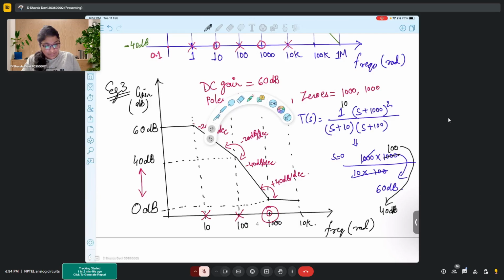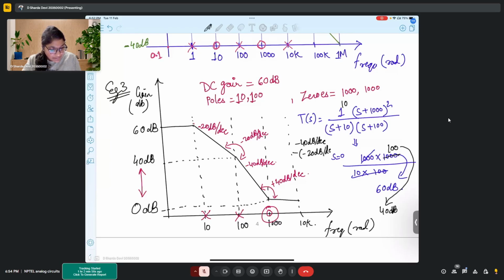So, but it's minus 40. Yeah, it is minus 40 dB per decade. Minus 20 dB per decade equal to minus 20 dB per decade, right? And minus 20 dB per decade corresponds to one pole, correct?